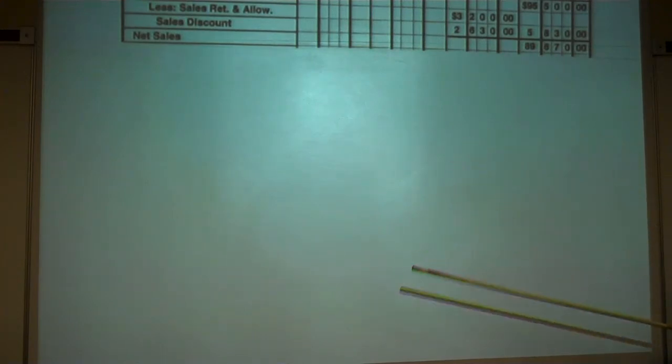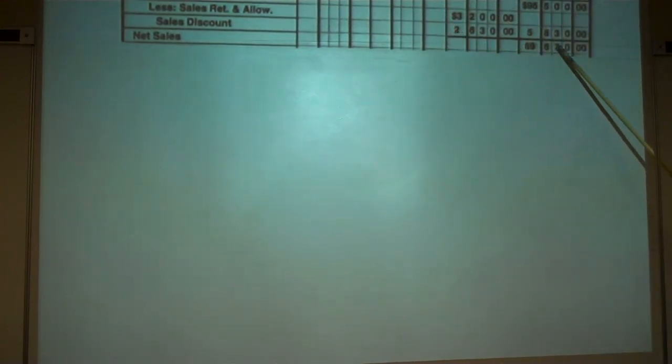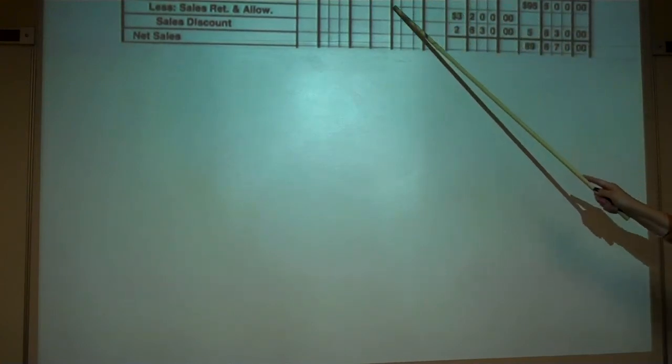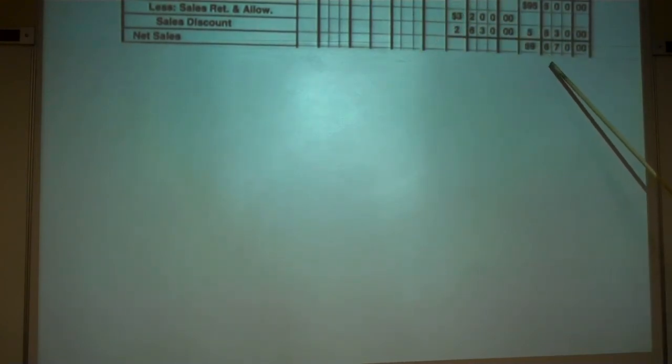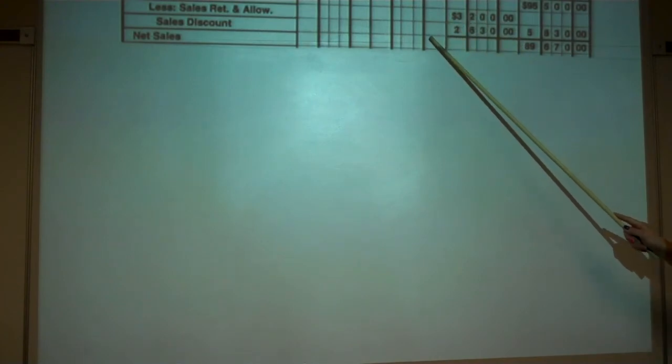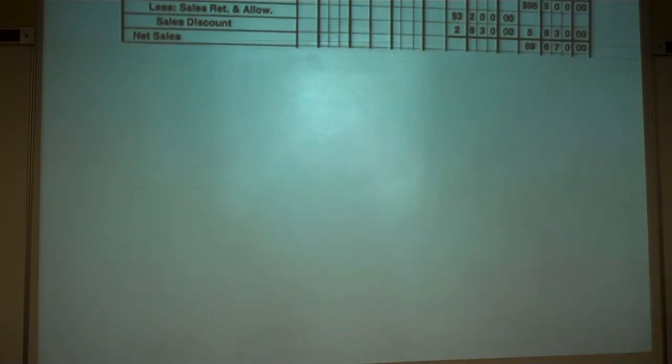We want the right column to have our totals. Do we need all of these other numbers over in this column? I don't think we do. You'll see another example in the book where this is moved over here. So if you have a calculation, just move it over to the left a column, and I would have just had the net sales in this column. All right, so you can do it either way.